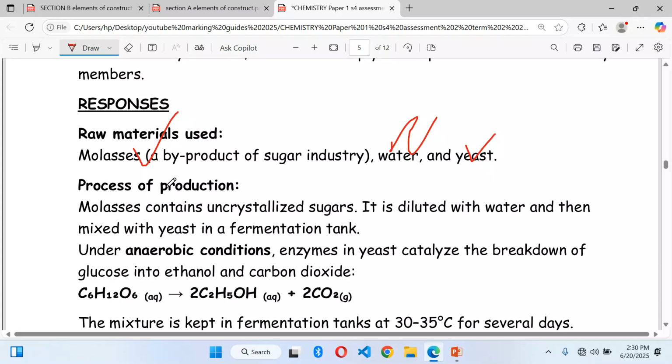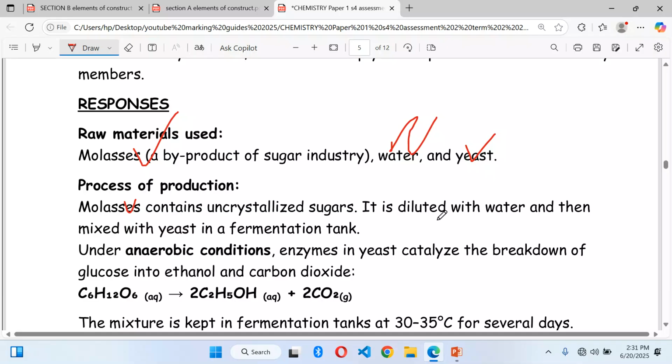Now the process of production. So after talking about the raw materials, then we can go to the process of production. In the process of production, starting from our raw material, that is number 1, molasses contain uncrystallized sugars.